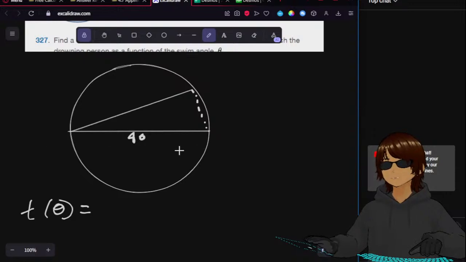So 40 meters here, theta here. And then this would be 90 degrees, right? And we can just use trigonometry. This is the hypotenuse. We need the opposite side.